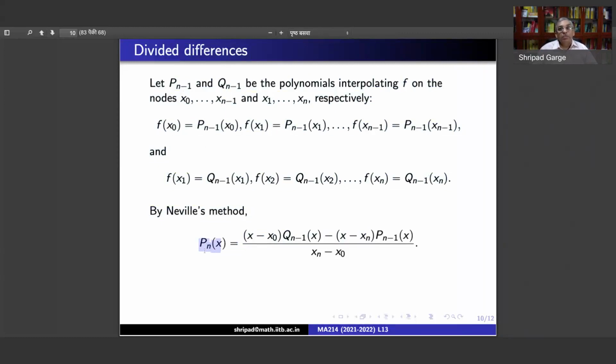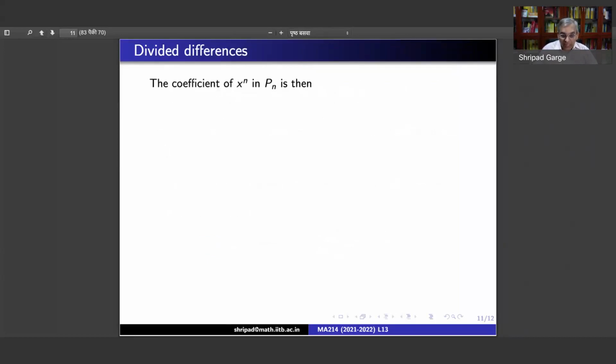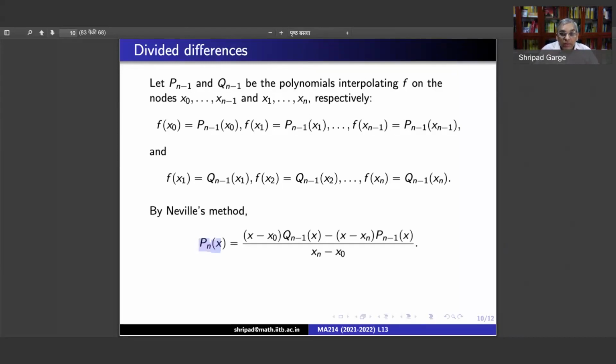Okay, now our f[x0, up to xn] was the coefficient of x power n for this left hand side, which is going to be the coefficient of the x power n on the right hand side, and the right hand side coefficient is computed by looking at the coefficient of x power n minus 1 in qn minus 1. Remember, we multiplied qn minus 1 by this linear polynomial. So for this product, the coefficient of x power n is equal to the coefficient of x power n minus 1 in the qn minus 1.